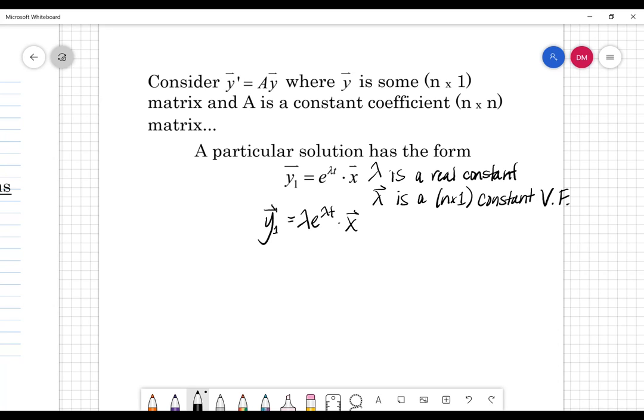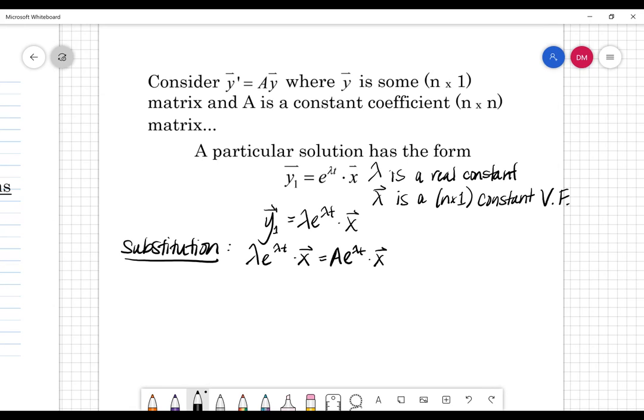Now, substituting that back up in here, we are going to do some substitution. So using substitution, this would look like lambda e to the lambda t times x is equal to A times y. So we're going to take A times what we had for y1: A e to the lambda t times x.